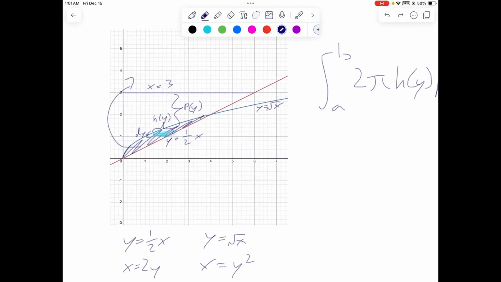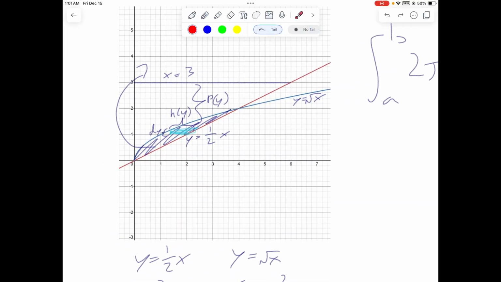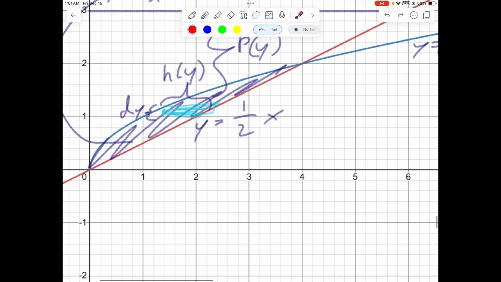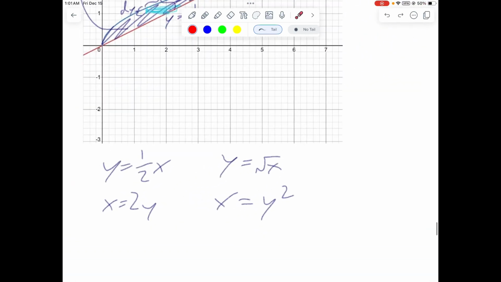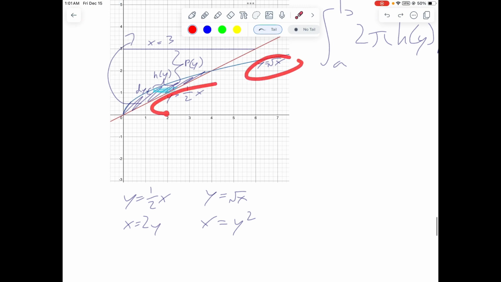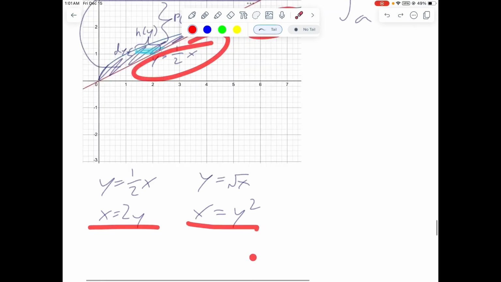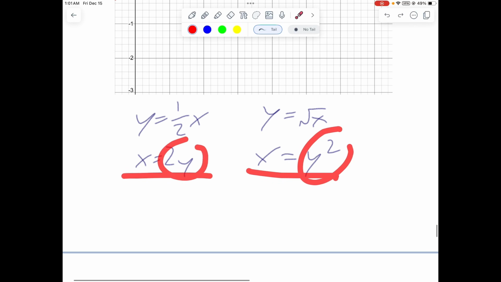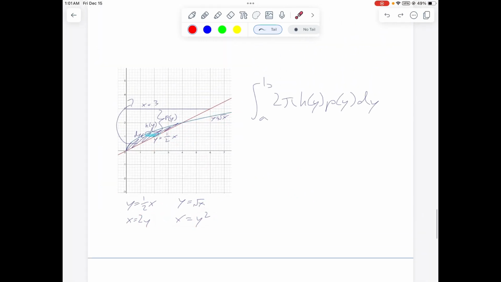Okay, so because we are integrating through this area parallel to the axis of rotation, everything is in terms of y, right? So we need to convert these two equations into terms of y, right? We need to make them pluggable into this integral.